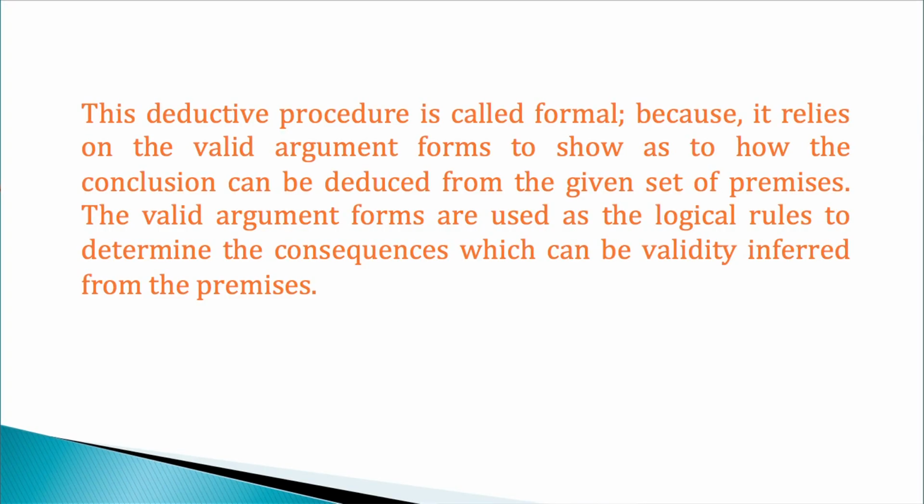Dear learners, this deductive procedure is called formal because it relies on valid argument forms to show how the conclusion can be deduced from the given set of premises. The valid argument forms are used as the logical rules to determine the consequences which can be validly inferred from the premises. Now, dear learners, you see, what is formal proof of validity?